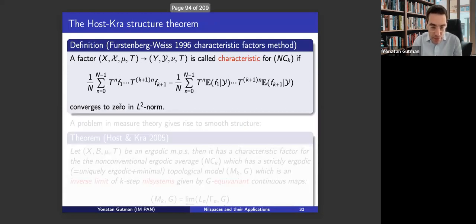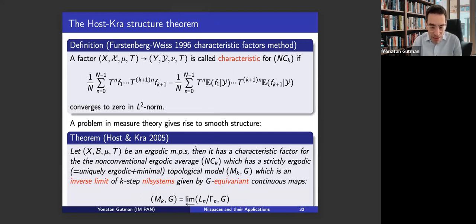And suddenly, it turns out that this is controlled by a factor, which is an inverse limit of smooth systems. So you may say, out of the blue, in measurable dynamics, we got smooth structure. Now, I think that when you see this, you may say, but wait a second, the inverse limit of nilsystems, we have already seen this.